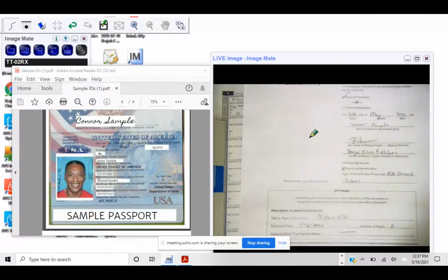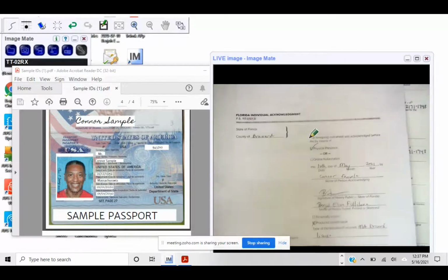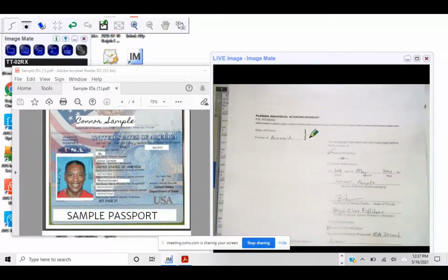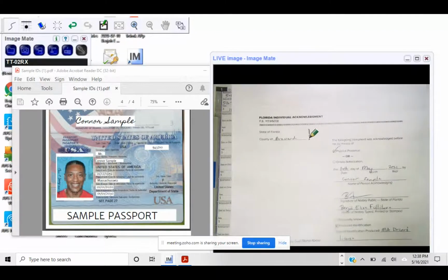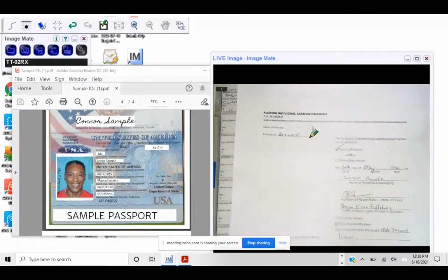Okay, guys, so I filled out my acknowledgement after filling out the form. Like I said, you should have blank copies of your acknowledgements and jurats in your bag. If you don't have blank copies, they're very easy to come by. You just go on your state website, and it's usually somewhere in the handbook. Now, it's not literally the document itself.